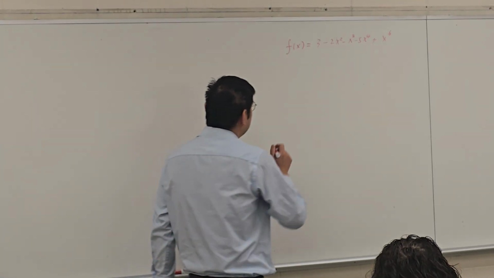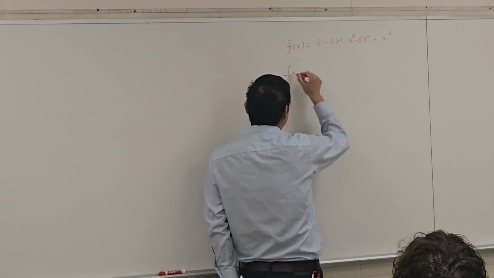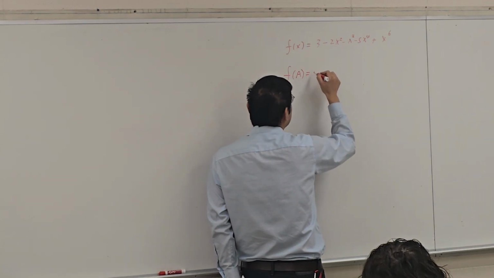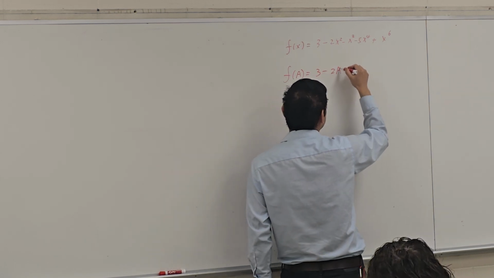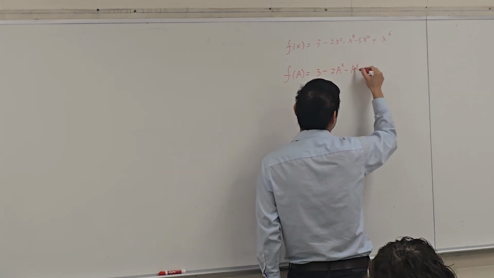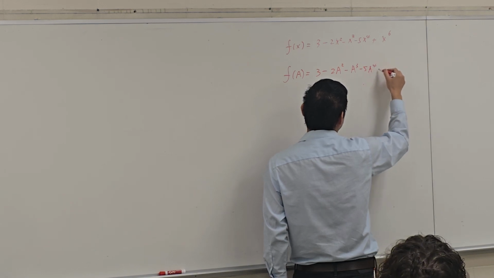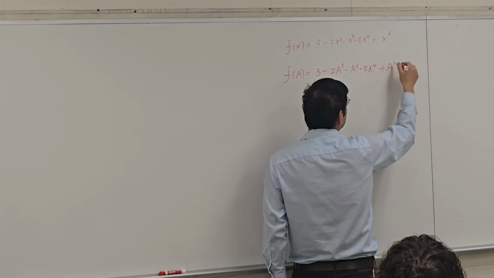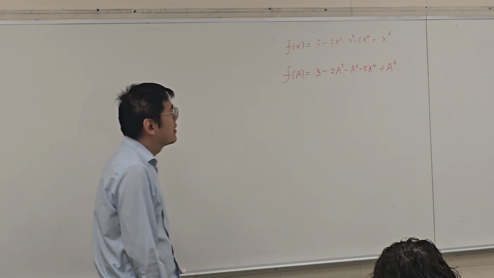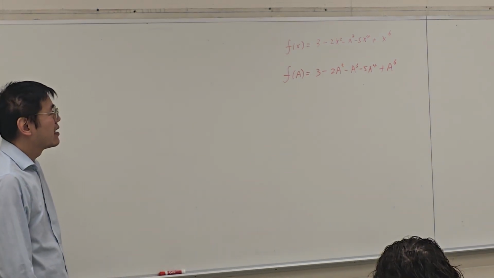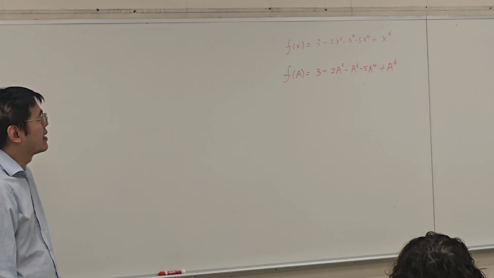So the question is, can I have a function of a matrix? Like 3 minus 2A squared minus A cubed minus 5A plus A to the 6. If I give you a 2 by 2 matrix A, after you do this, what do I need to get?